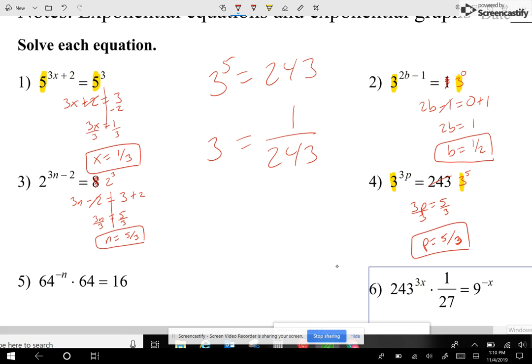That is the same thing as 3 to the negative 5. Sometimes we're going to deal with negative exponents. It's another example. I know 2 to the 3rd is 8, but 2 to the negative 3rd is 1/8. Some cases in your homework, you're going to be dealing with negative exponents.